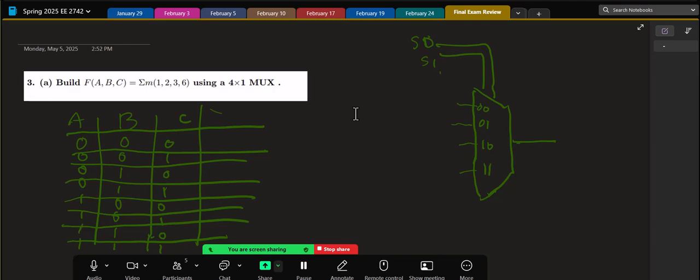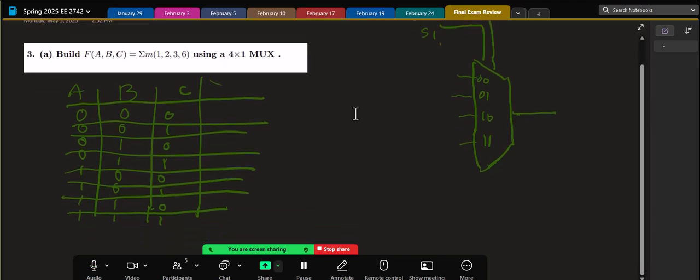All right, so what does it mean that this equals the sum of the min terms 1, 2, 3, and 6? Let me be honest, I completely forgot how to do this. Okay, that's okay. Anybody else remember, have any ideas besides James? Because he has been answering, which I appreciate very much.